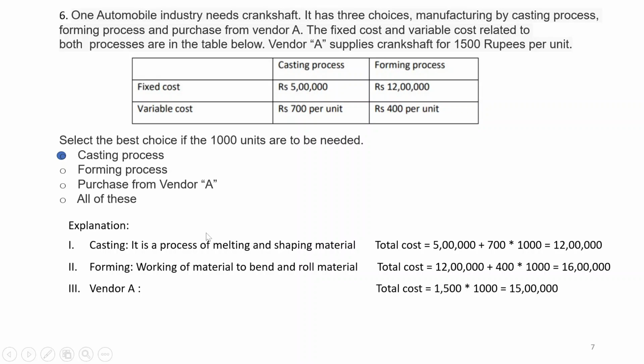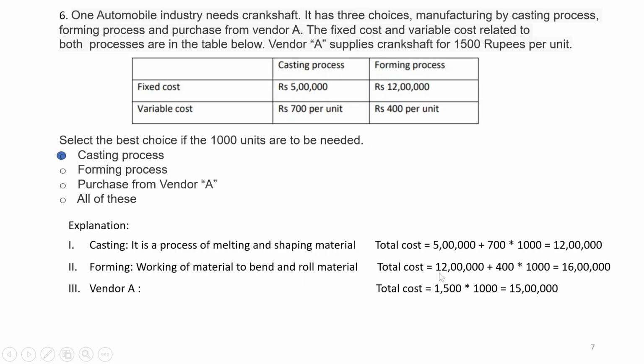Now how to solve this? Casting is a process of melting and shaping material. In this case, total cost will be fixed cost plus variable cost times the units. Because it is per unit, you have to multiply units with it. So 700 multiplied by 1000 plus 5 lakhs, so it will be 12 lakhs. In case of forming process, it is working of material to bend or roll it.